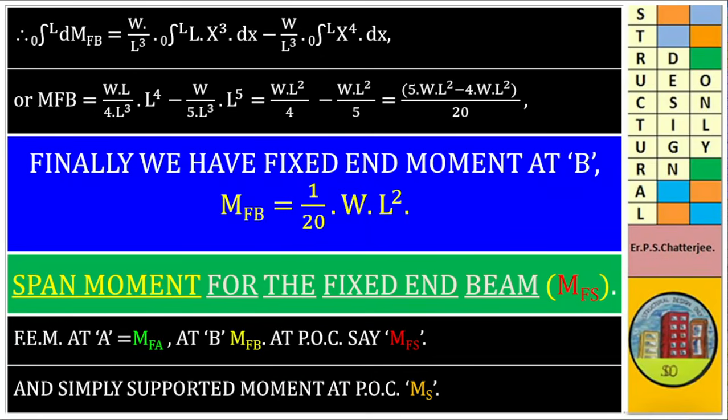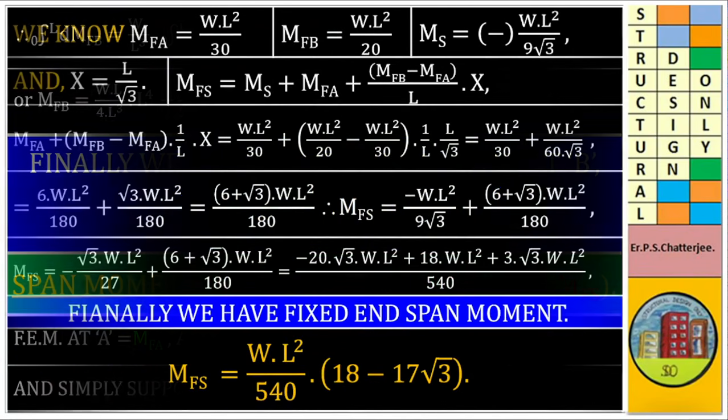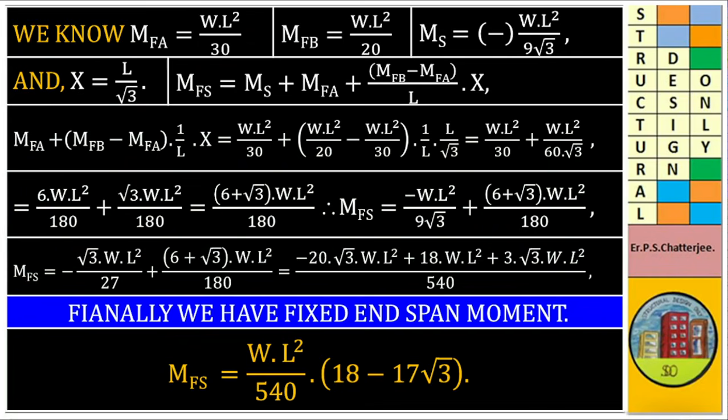At point of contraflexure, span moment is equal to MFS and simply supported moment at point of contraflexure is MS. We know MFA is equal to W L square by 30, MFB is equal to W L square by 20.